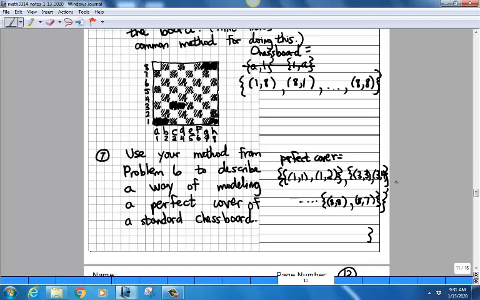But I think we will be able to count how many sets like this there are. That would be sets of 32 two-element subsets of ordered pairs. Now a bunch of those will not be perfect covers, however. A bunch of those won't meet these conditions.